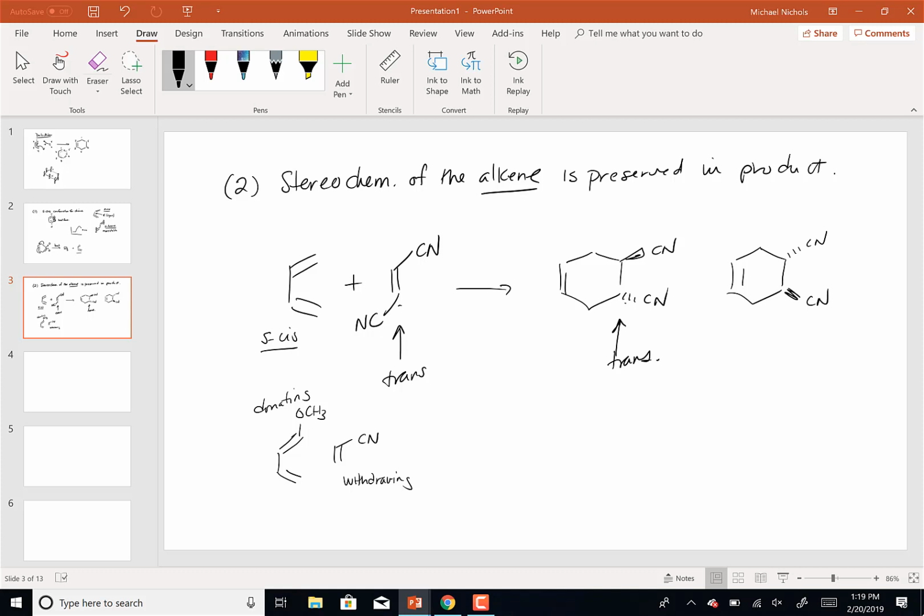Any chiral centers? Two. What about this chiral center? Same or opposite? Top chiral center, same or opposite?